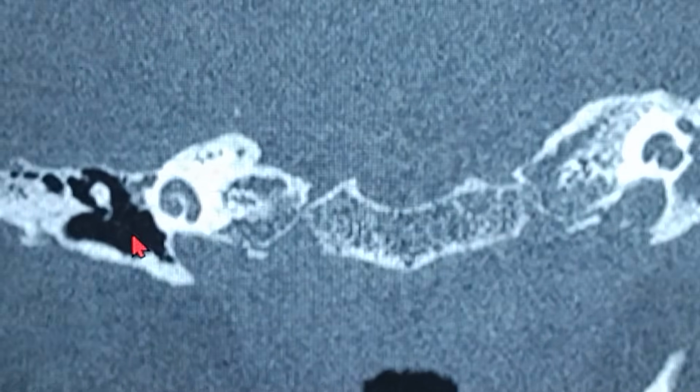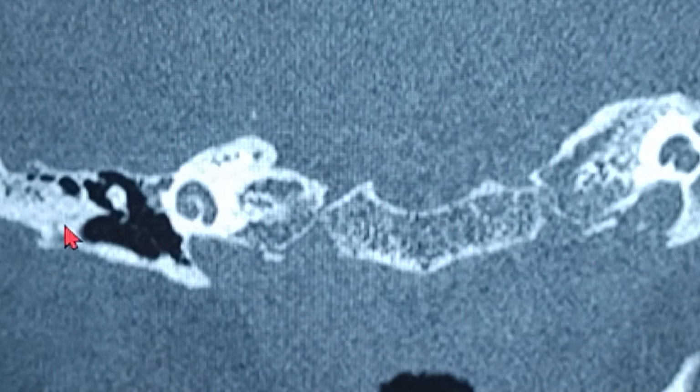If I zoom this for you, this is the EAC, that's the tympanic membrane you can see over here. That's the scutum, the bony projection to which the tympanic membrane attaches. This is the epitympanum. Above this is the epitympanum. This is the mesotympanum, and below this we'll be seeing the hypotympanum.